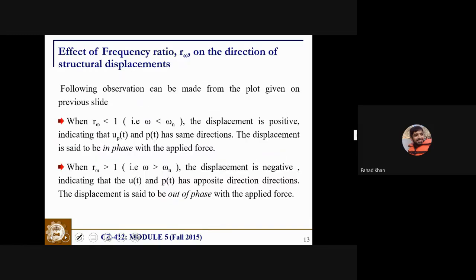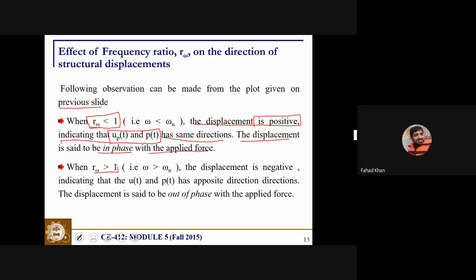It is summarized here. Following observations can be made from the plot given on the previous slide. When r omega is less than 1, the structure is in phase, and the displacement is positive, indicating that UP, a particular solution, and the applied force have the same direction. The displacement is said to be in phase with the applied force.